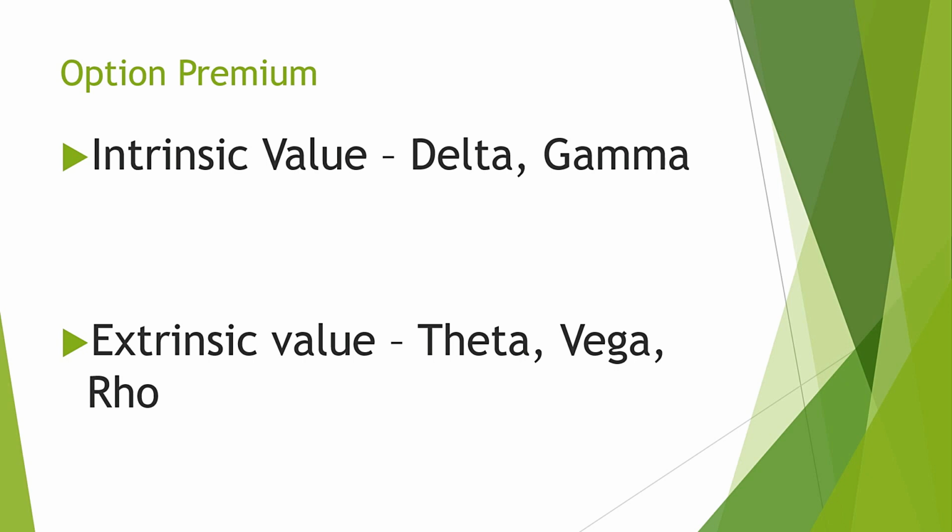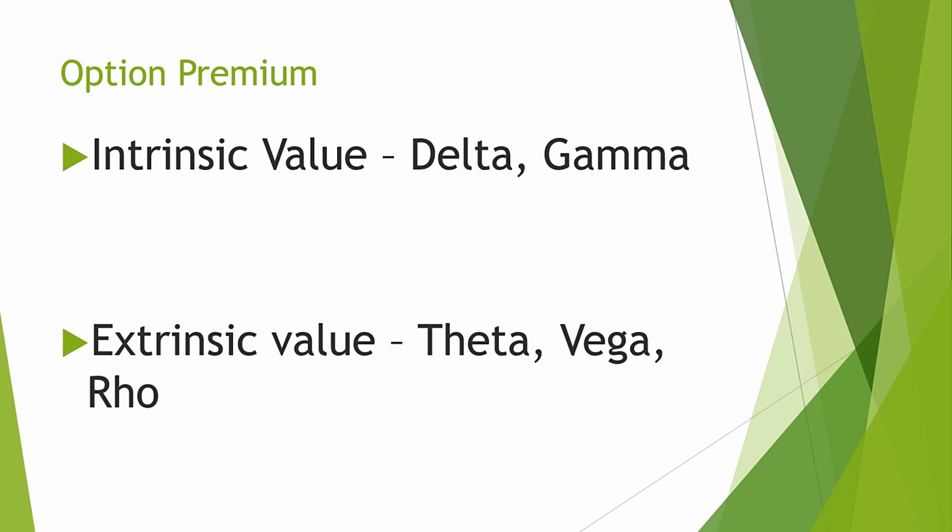Now, does delta have any effect on extrinsic premiums? Yes, delta has effect on extrinsic premiums because reduction in extrinsic premiums is also decided by delta while the day progresses. Gamma is free with delta, so delta and gamma both have effect on extrinsic premiums as well.